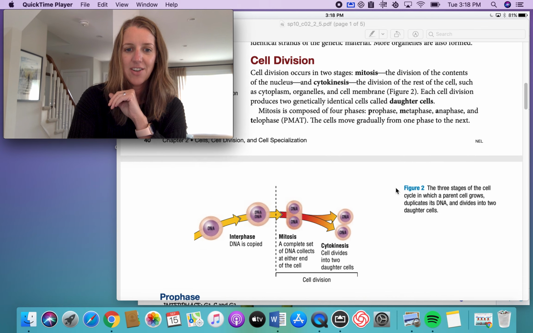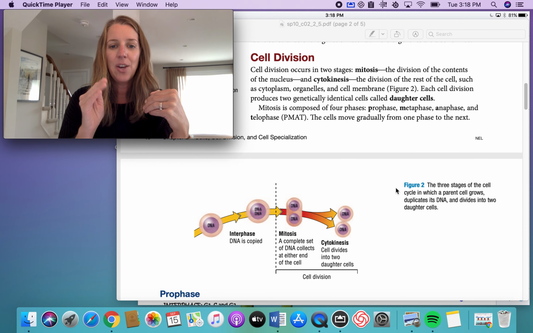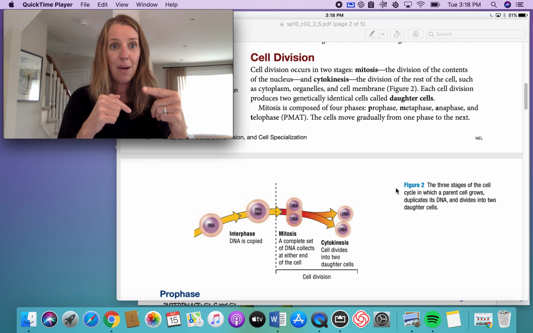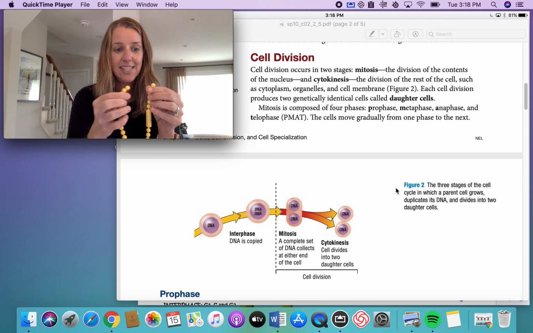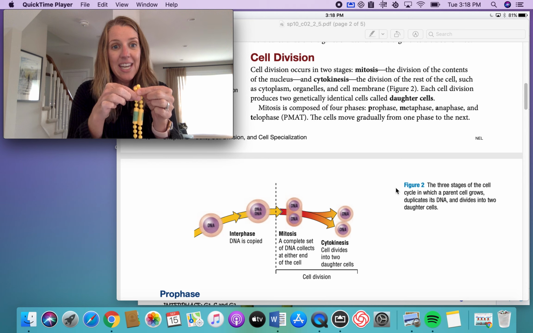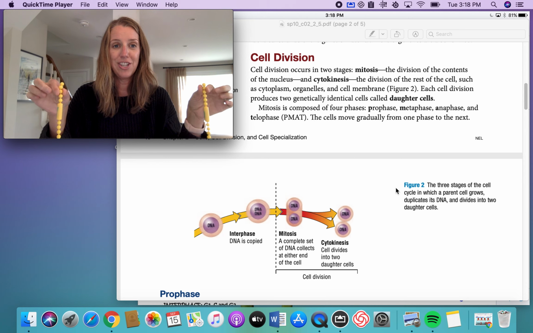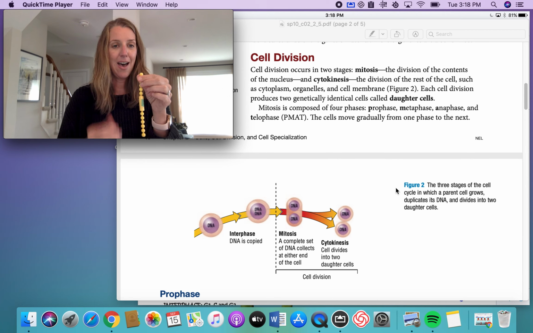Can you see here on this diagram, you've got that getting ready to divide, and right before it gets ready to divide, the DNA makes a copy of itself. Every single chromosome makes an identical copy of itself, so it's ready to send the exact same information into two different cells in the end. So you start with one cell with information in it. How many chromosomes does a human have?